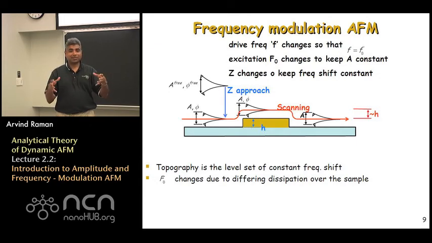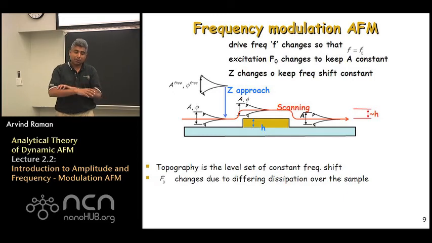So as it scans over a sample, the tip oscillation amplitude is held constant. Its phase is held constant, but both of these things are accomplished by changing the excitation frequency so it matches the modified effective natural frequency of the probe, and by changing the excitation amplitude to keep the amplitude constant.